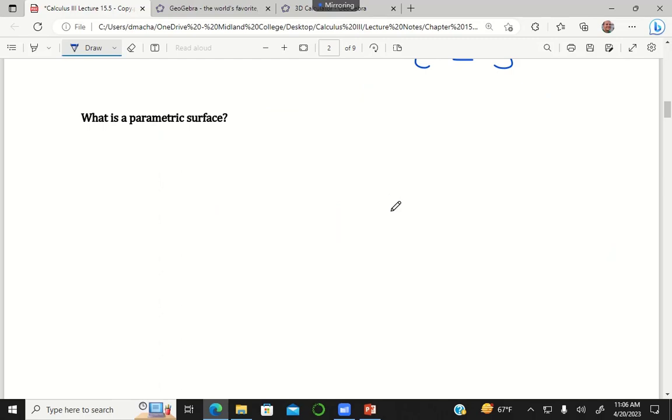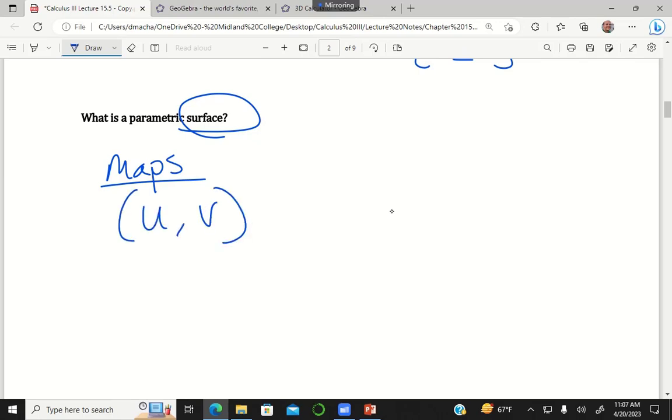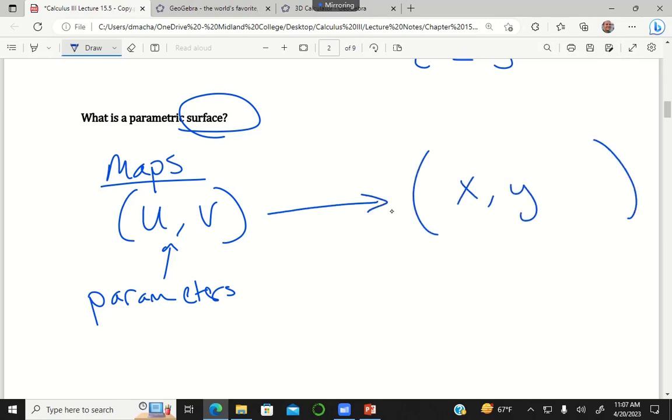What a parametric surface is, it maps a two-dimensional space. So it's going to map, we usually use the letters u and v for our parameters. And it's going to map this two-dimensional space, again, into a three-dimensional space with x, y, and z.